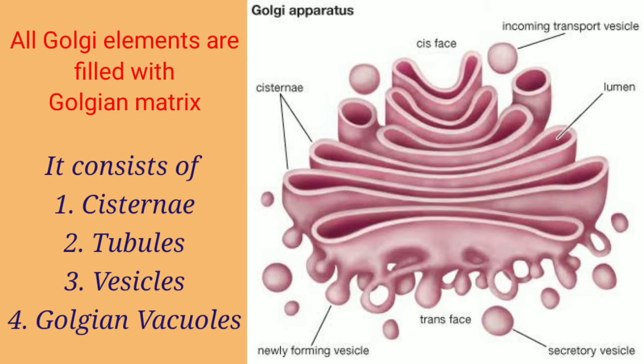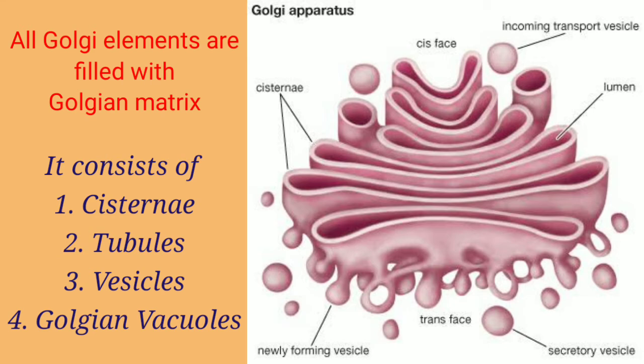They are similar to the endoplasmic reticulum, where they are found in sac-like forms, filled with matrix towards the inner side, and they are arranged parallel to each other.